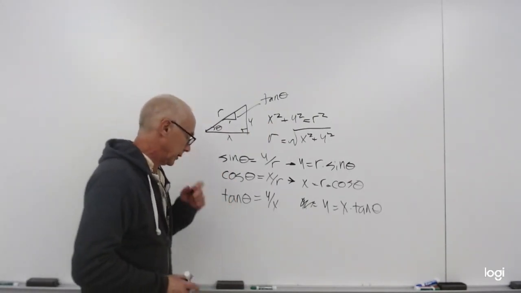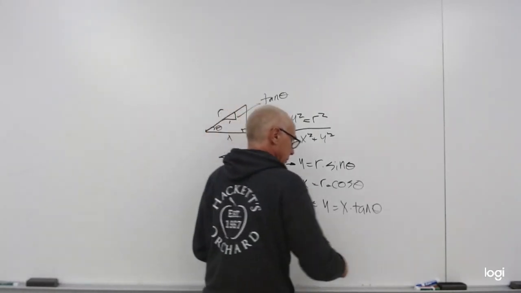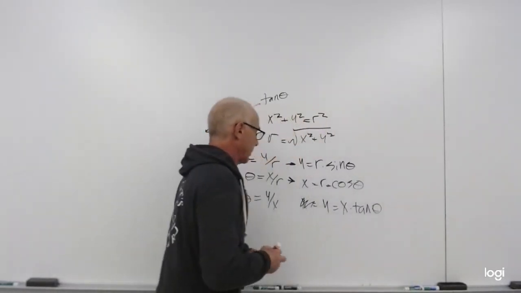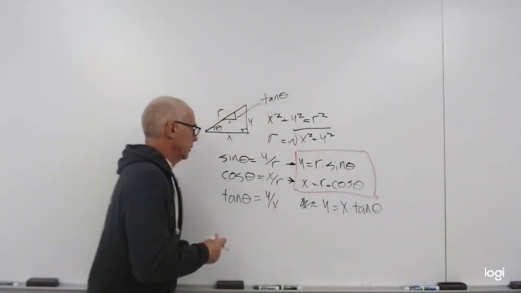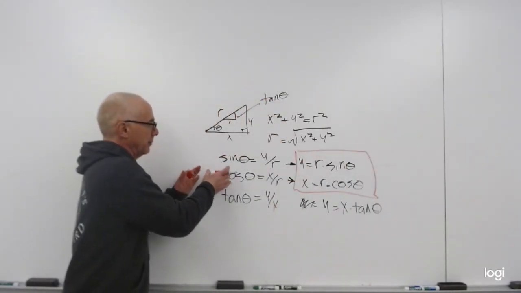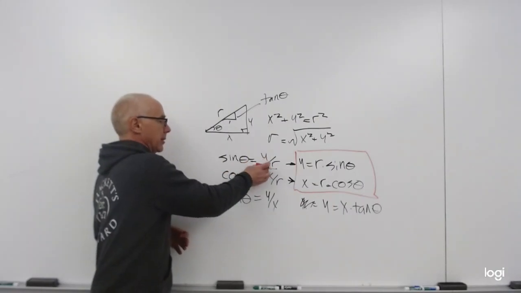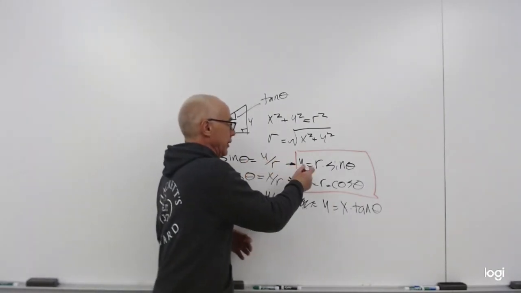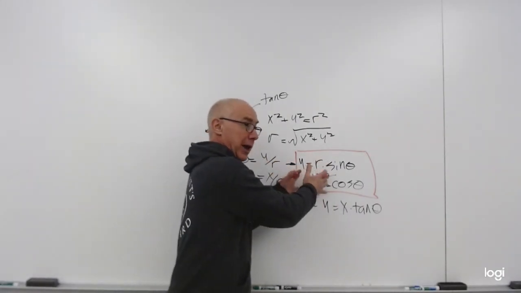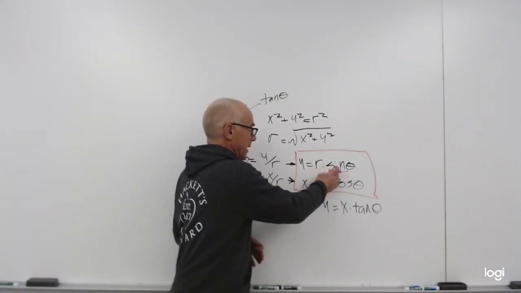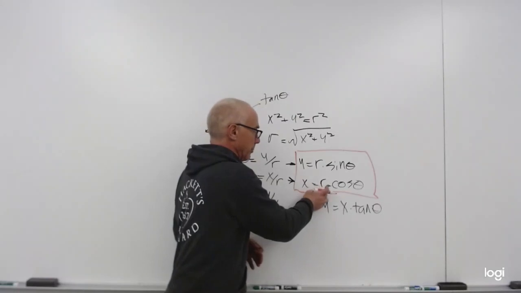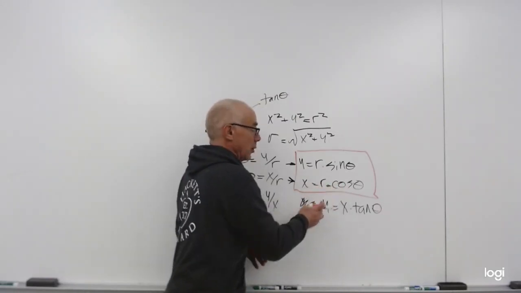You want to be able to write these relationships without going through a lot of steps, from sine theta equals opposite over hypotenuse and then figuring it out. You want to be able to just write that the opposite equals the hypotenuse times sine theta, and adjacent equals hypotenuse times cosine theta.